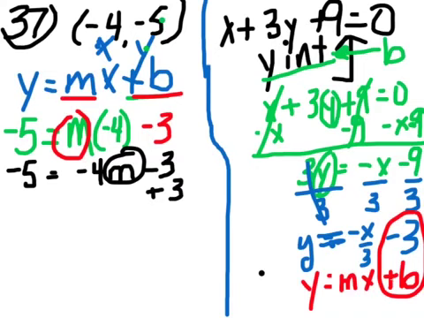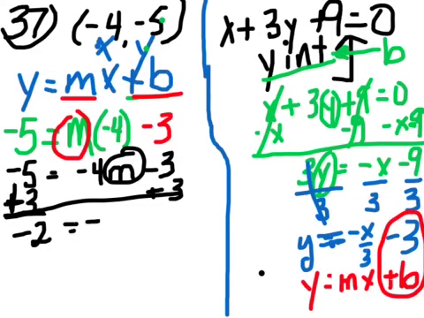So I'm going to add 3 to both sides. I've got negative 5 plus 3 is negative 2, equals negative 4m, and these cancel out, right? To get m by itself now, those two things are smushed together. So remember, it's multiplied together. I'm at that part where I'm going to divide last.